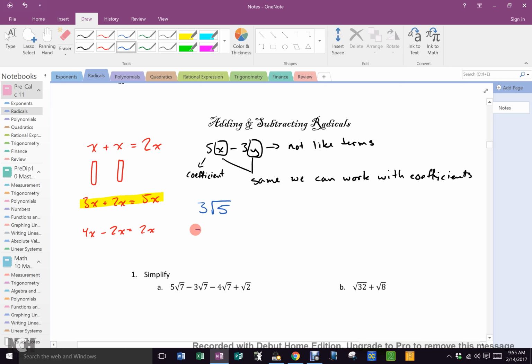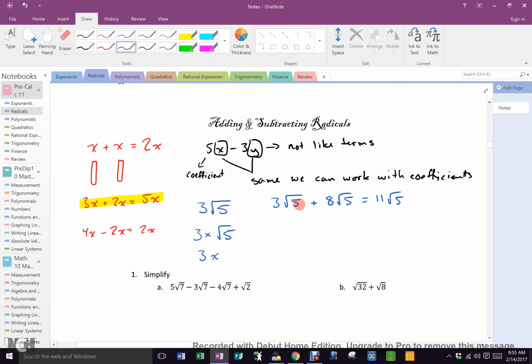Right, this is 3 times the square root of 5, correct? And what is 3x, technically? 3 times x. So because these are the exact same thing, we use the same rules for radicals as we use for variables. So 3 root 5 plus 8 root 5 is 11 root 5s.